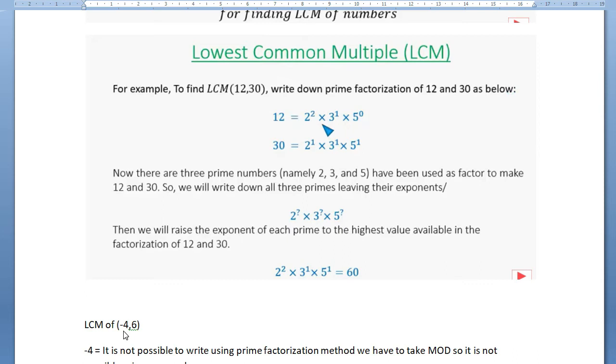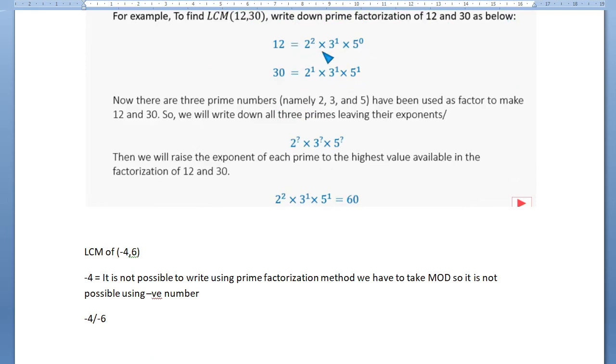But if you consider the integer as minus 4 by minus 6, then what happens? The minus minus cancels out, and you get the appropriate answer.